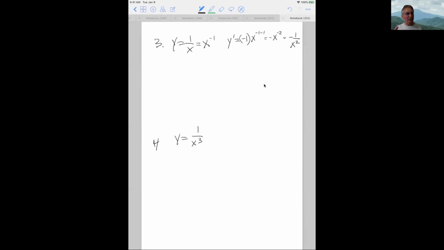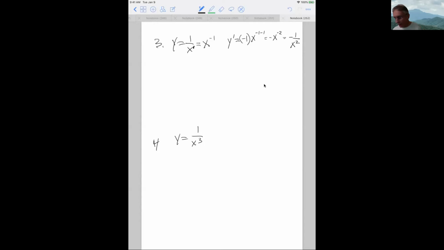When you typically do a function like y equals x squared, the positive exponent reduces by 1. But this is in the denominator, x to the 1 down here. The answer is negative, and the exponent increases by 1 in the denominator, so it's x squared in the denominator. That's the final answer.